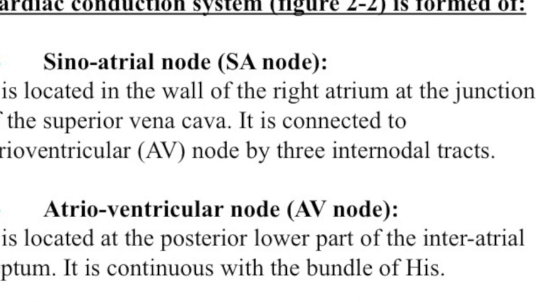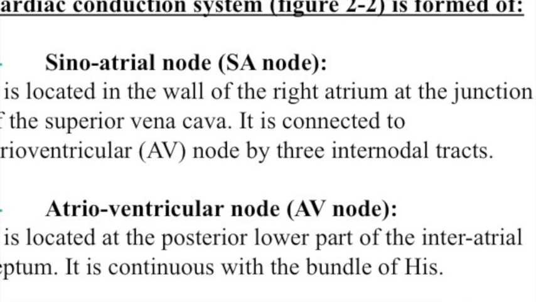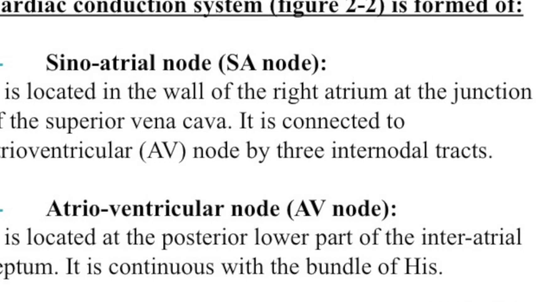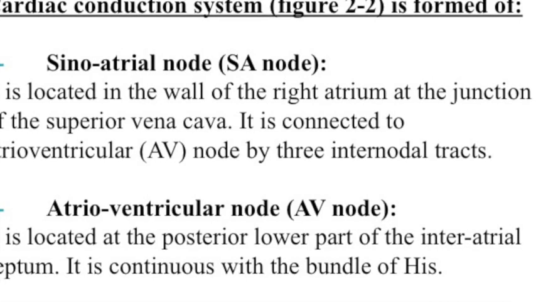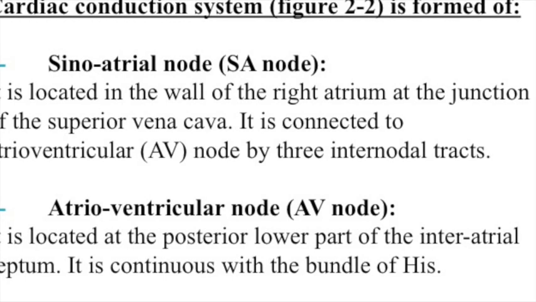The heart depends on itself in initiation of the cardiac impulse. To prove that, if you cut the heart of an animal and put it on a table, it will continue beating for some time. This means that it doesn't depend upon the nerve supply.